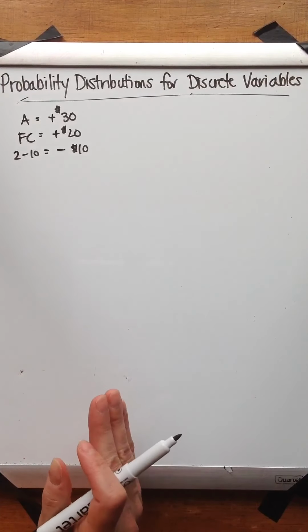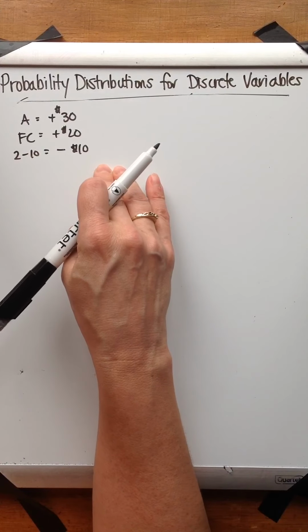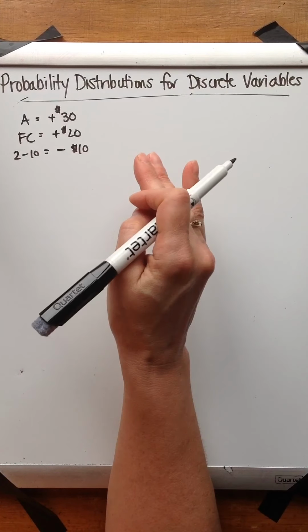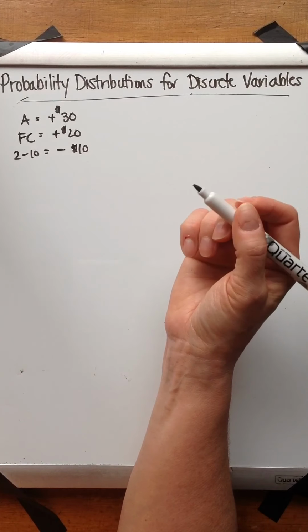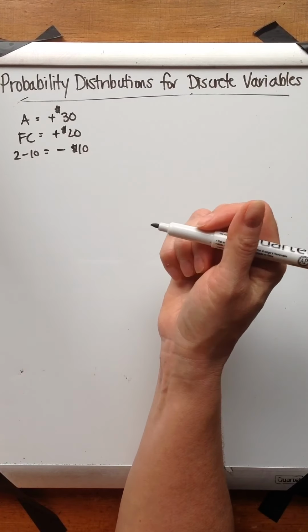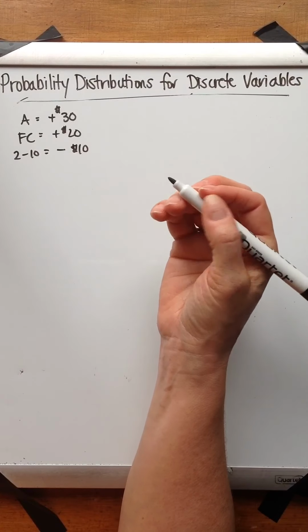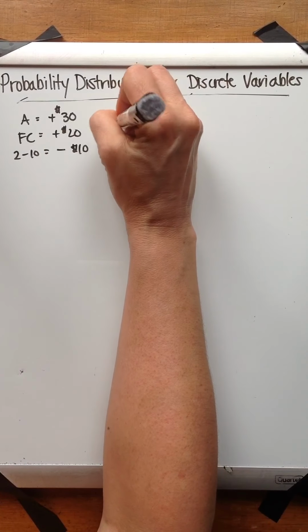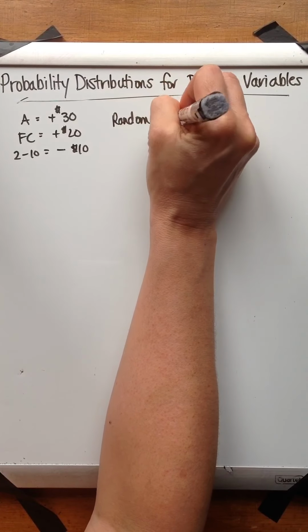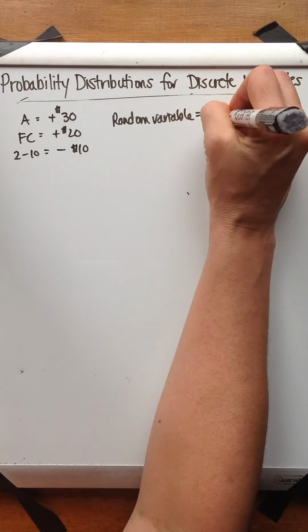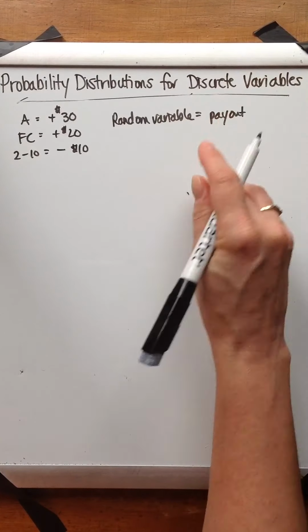In other words, do you have a better chance of winning in this game if you played it 100, 1,000, 10,000 times, or do you have a bigger chance of losing, or does it come out neutral? And our probability distribution can help us answer that question. So we're going to let the random variable be equal to the payout, or the amount won or lost.